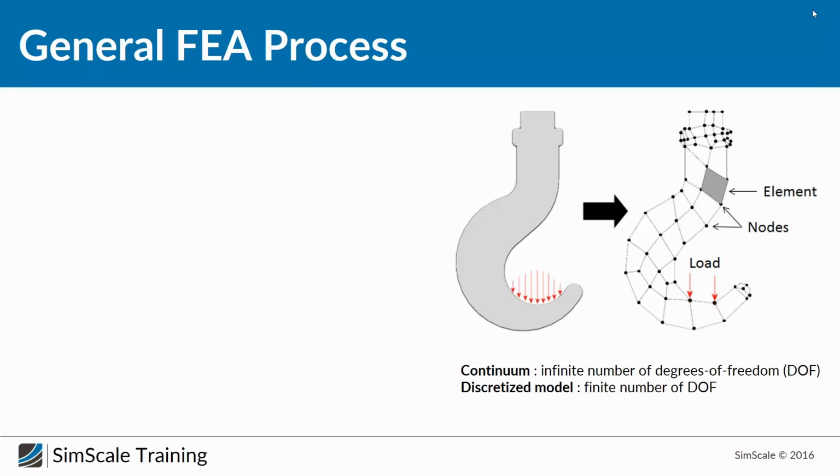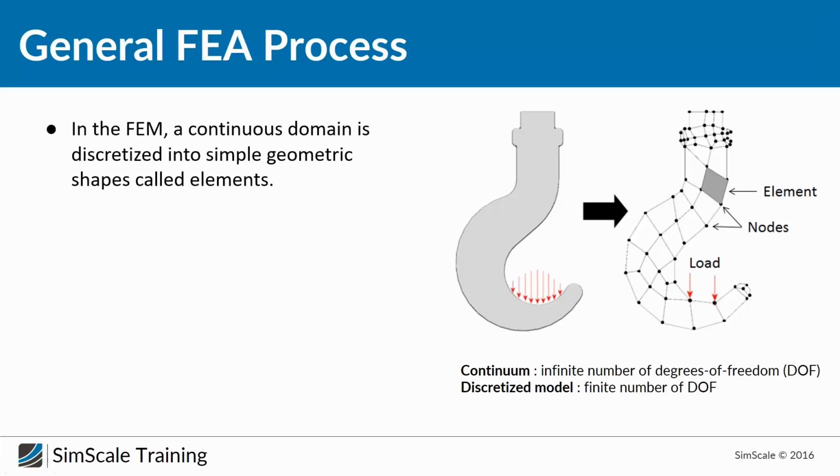What we do here using FEA is to calculate an approximate numerical solution instead of a 100% accurate analytic solution. Therefore we divide the geometry we want to investigate into a finite number of cells, so we are rebuilding the continuous domain from simple geometric shapes which we call cells.